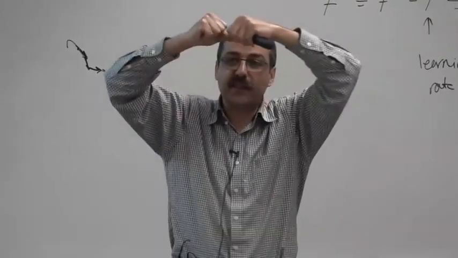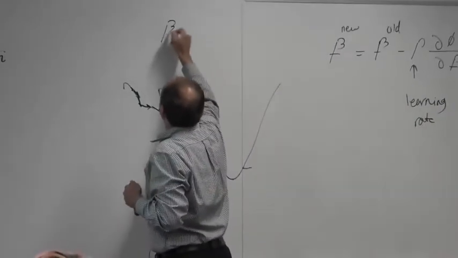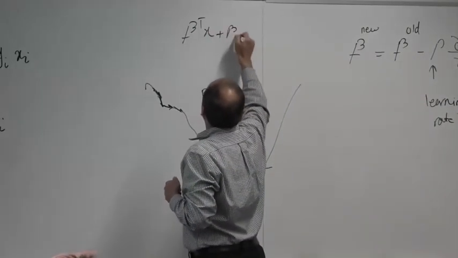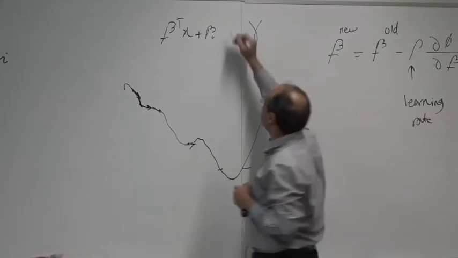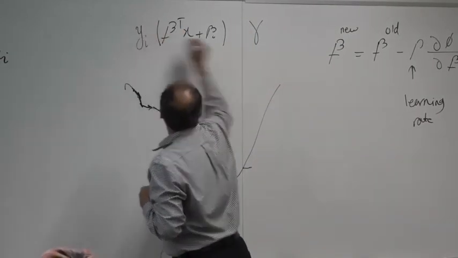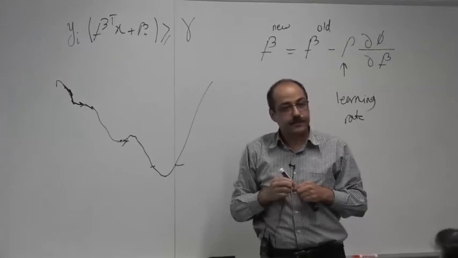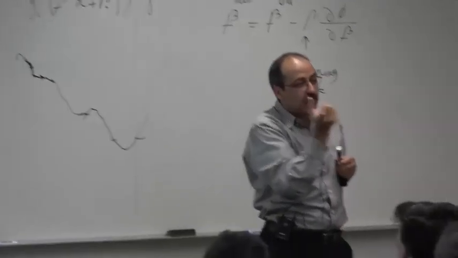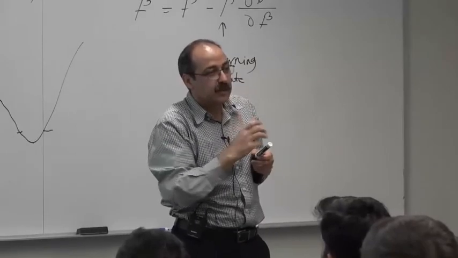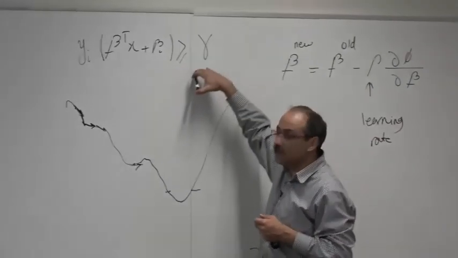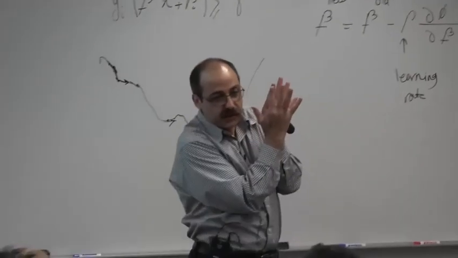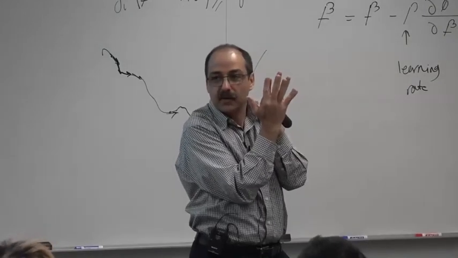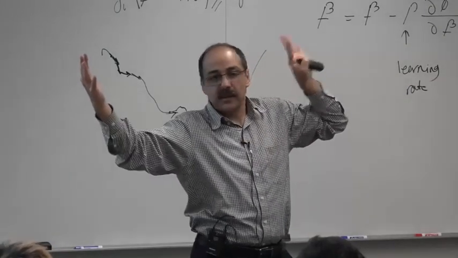Linearly separable means that for beta transpose x plus beta null, there's always a constant such that this is greater than or equal to that constant. So there's always some distance to the hyperplane. This means it's linearly separable, and this is the gap. If this is small, it's hard to converge. So if two data sets are close to each other, there's a small gap, and it's hard to converge. If they're well separated, it's easy to converge.